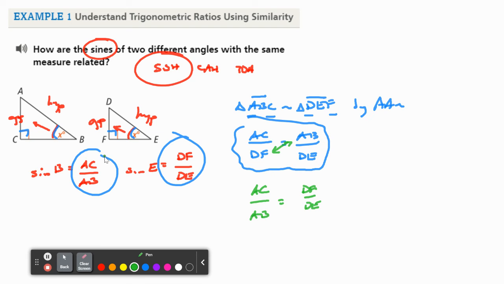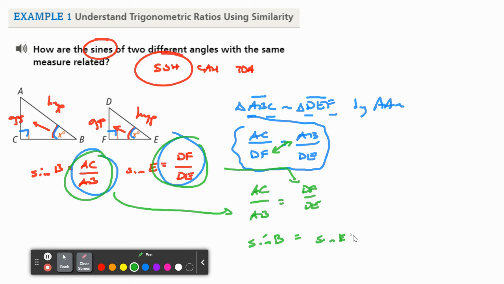So this is the first one, and this is the second one. We can take the sine of B and put it in place of that, and we can take the sine of E and put it in place of that. What this shows is that if two angles are in separate right triangles, but they're the same angle, their sine values will be the same.